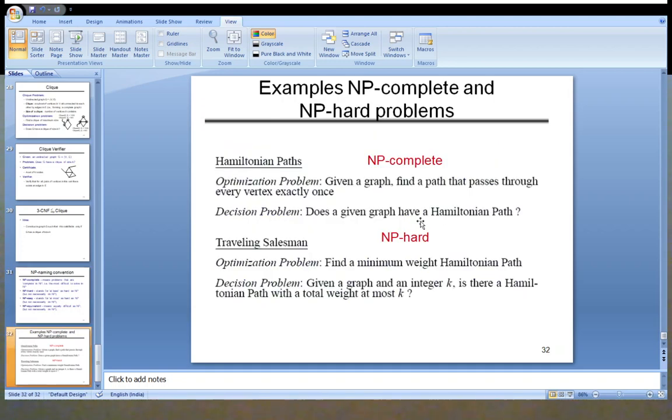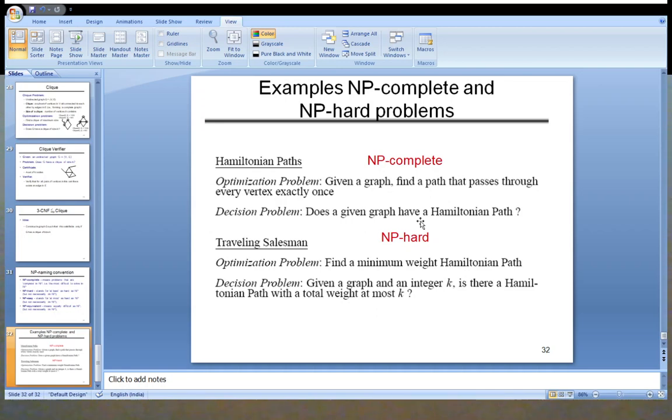Examples of NP-complete and NP-hard problems. An example of an NP-complete problem is the Hamiltonian path problem, in which we have to find a path that passes through each vertex exactly once. This is an NP-complete problem.